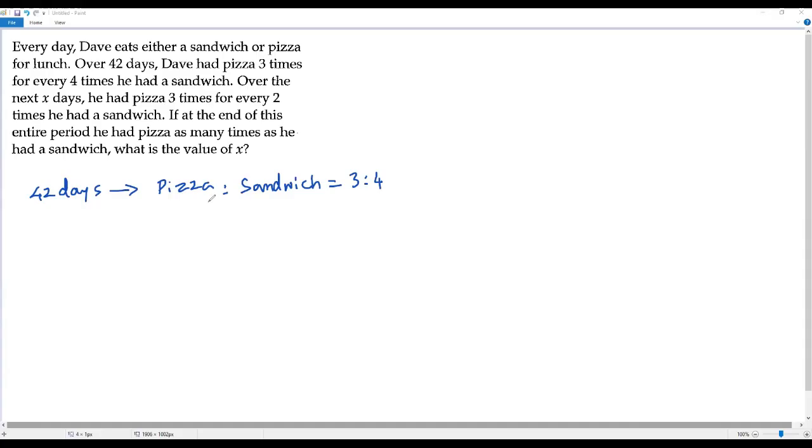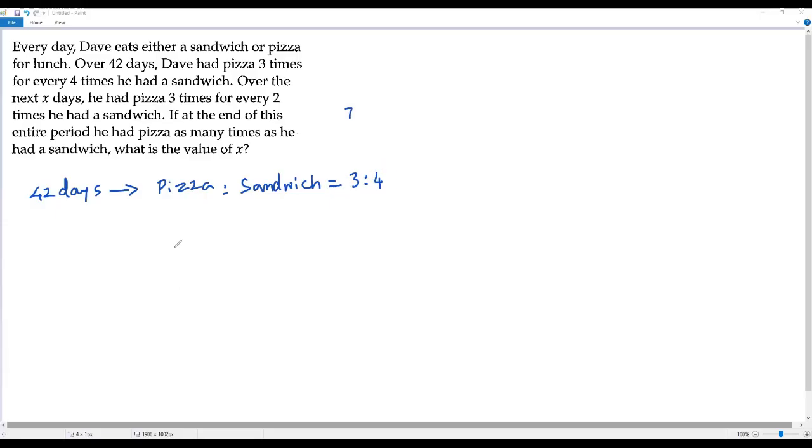Now I'm going to find the fraction of days he had pizza and the fraction of days he had sandwich for the first 42 days. For that, I have to add the terms of the ratio. When I add 3 and 4, I get 7. So this 7 is the total parts. In these 7 parts, we have 3 parts for pizza and 4 parts for sandwich.